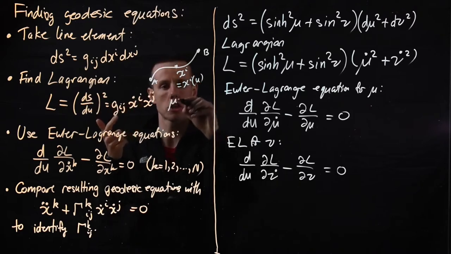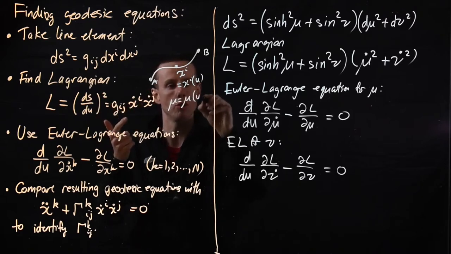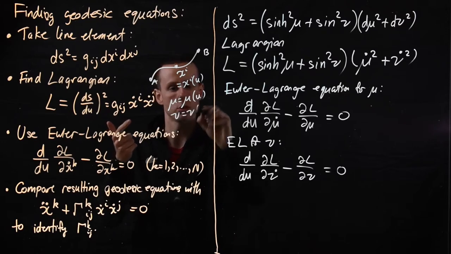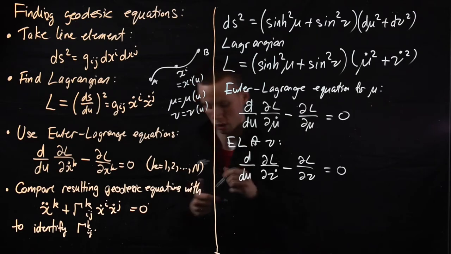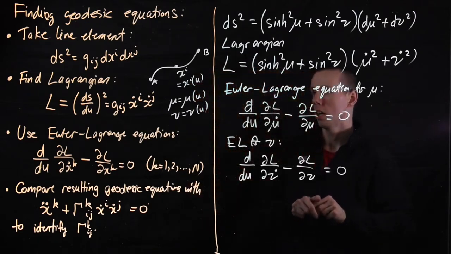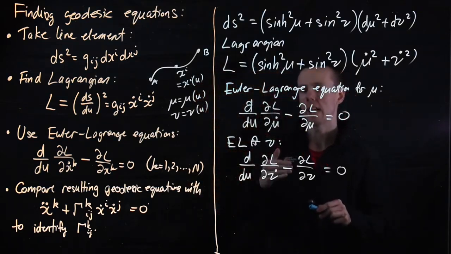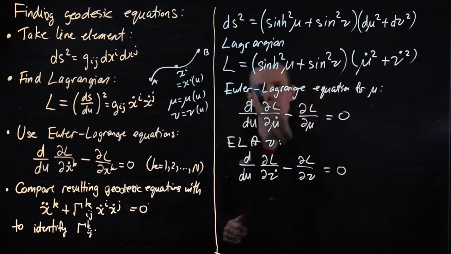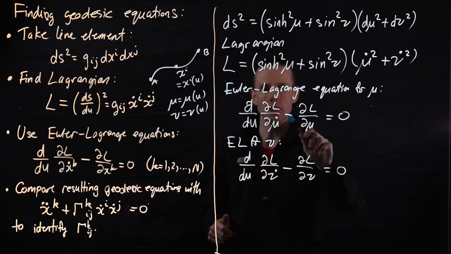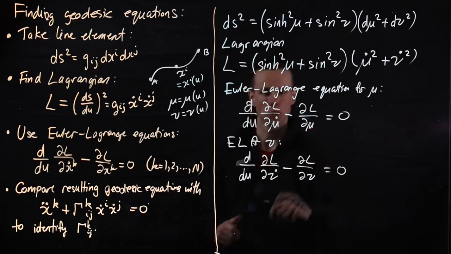So in this case, mu is equal to mu of u, and nu is equal to nu of u. So the coordinates mu and nu are functions of the parameter u. Let's now get on to the hard part, which is taking this Lagrangian and putting it into these two equations.